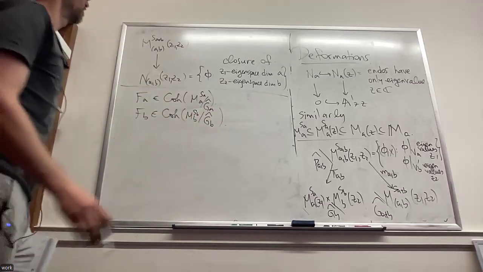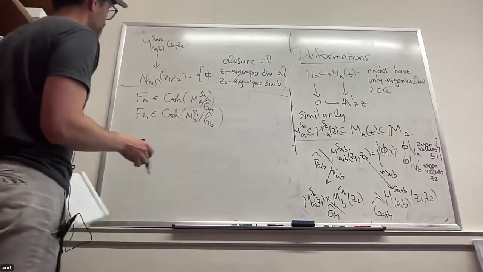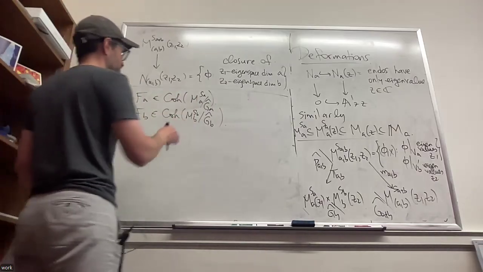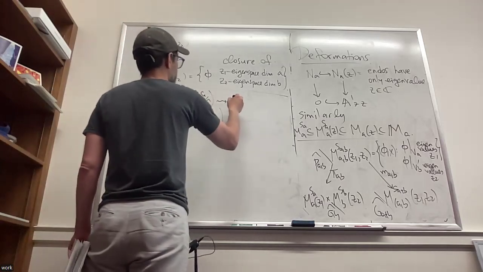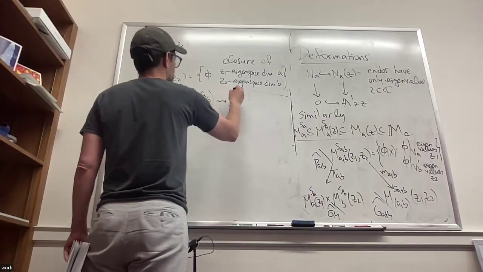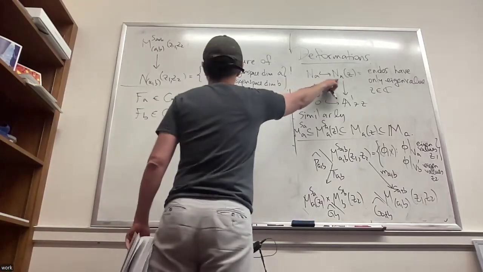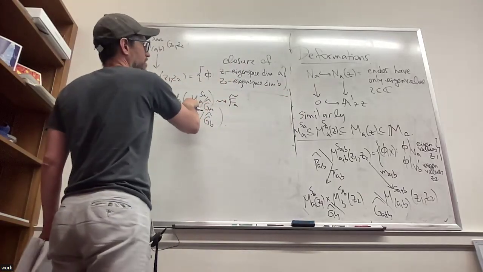Okay, this is X_A and X_B. I just wrote it like that because I want to emphasize something. So given such an object, you can always cook up a trivial deformation of this object to an object on here.